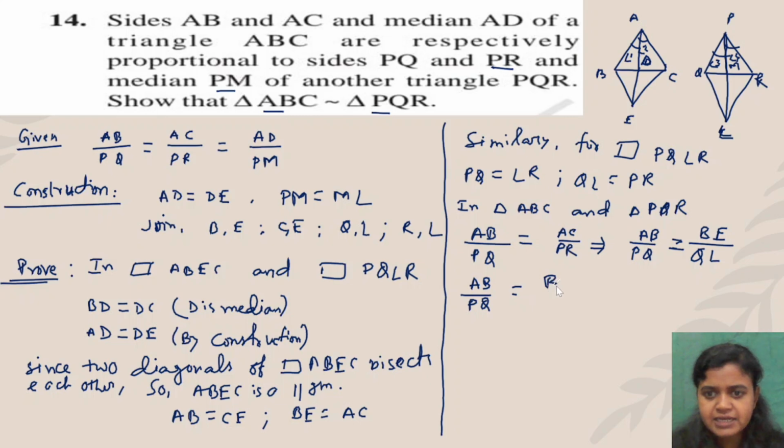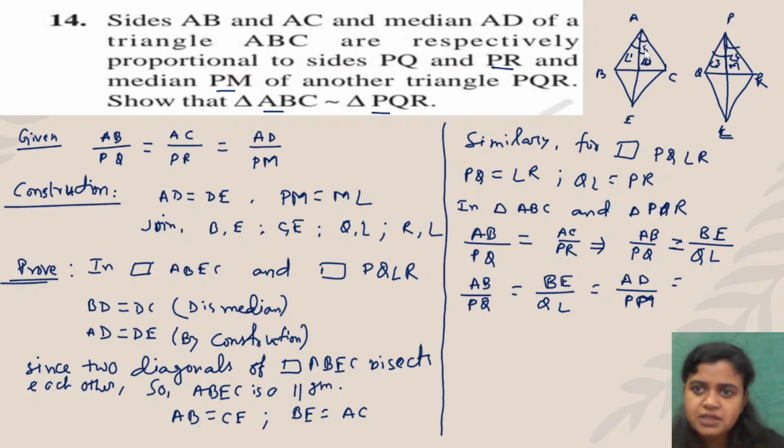Also it is given that AD by PM. If I multiply by 2, you can write 2AD by 2PM, and 2AD means AE, and 2PM means PL.